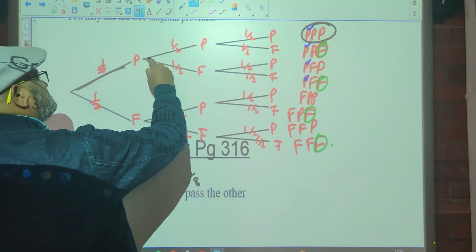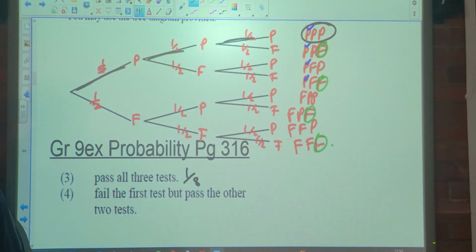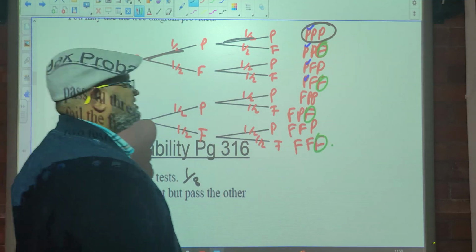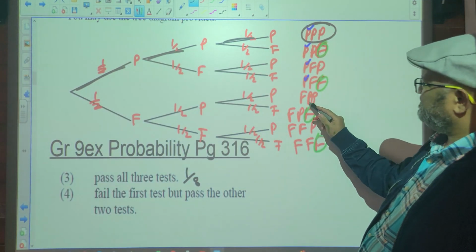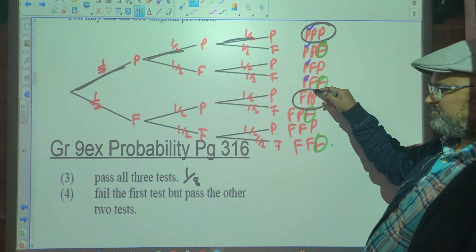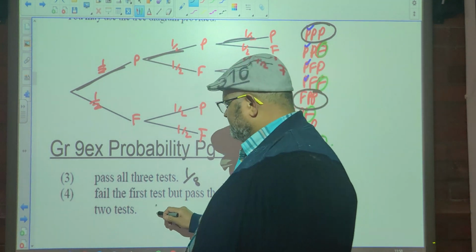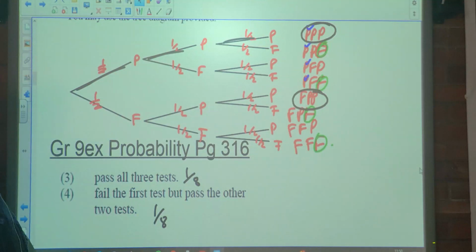Or you could have said a half times a half times a half is still 1 over 8. Fail the first test, but pass the other 2 tests. Fail the first test, but pass, so that is that one. Not so? So it's going to be 1 out of 8. Okay.